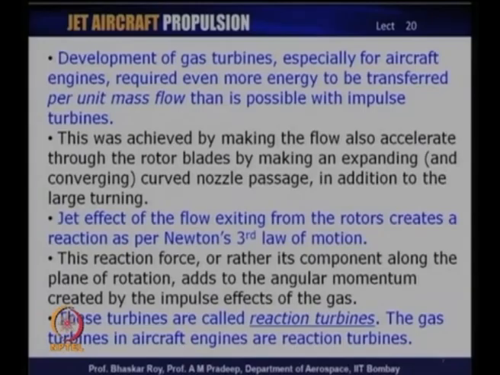We have also seen that it accelerates a lot through the stator, that is of course, to create that high velocity jet impinging on the rotor. Now, what we are trying to do is make it accelerate more through the rotors by expanding it through the converging nozzle passage through the rotors, in addition to the large turning.